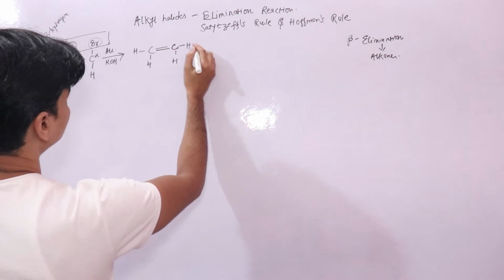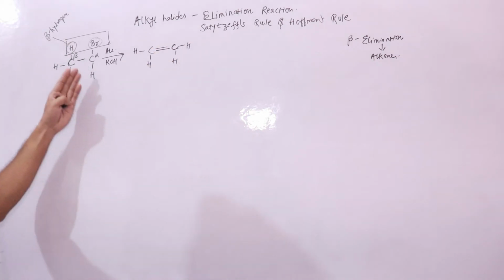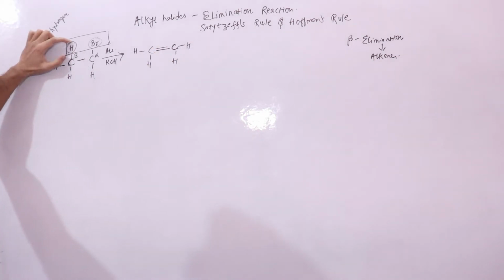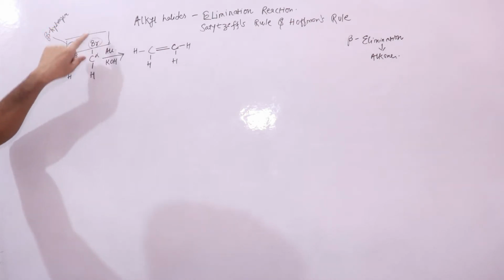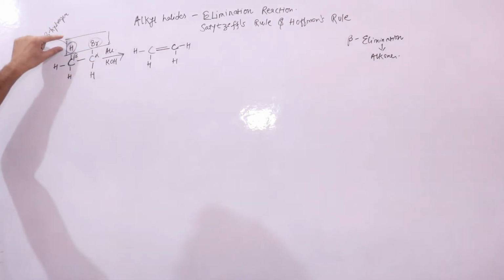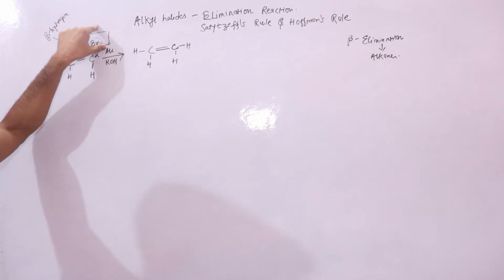So this compound is formed, and if you look at this reaction, hydrogen and halogen are removed from adjacent carbon atoms.